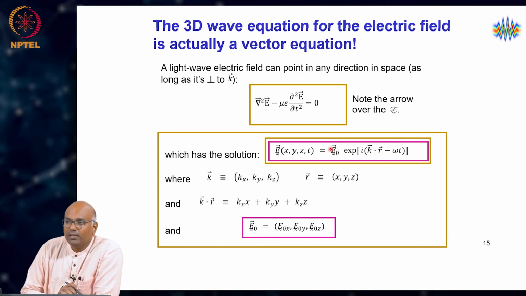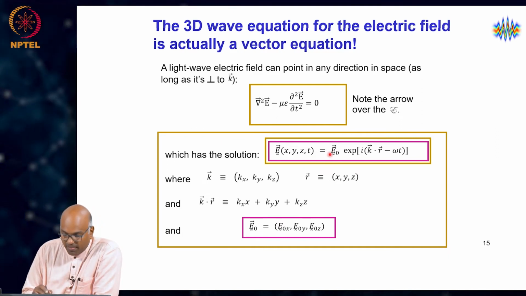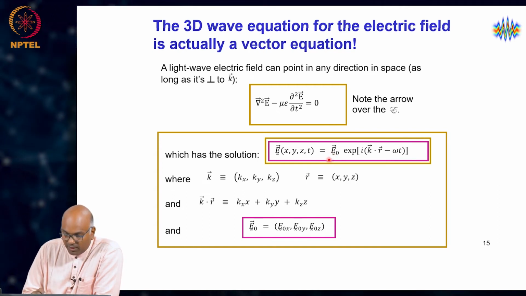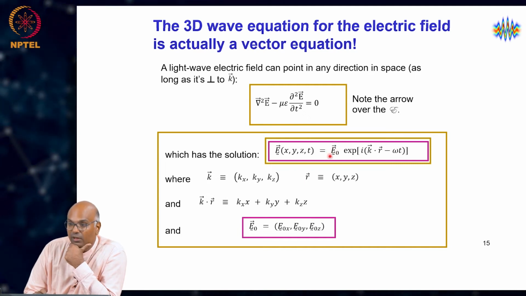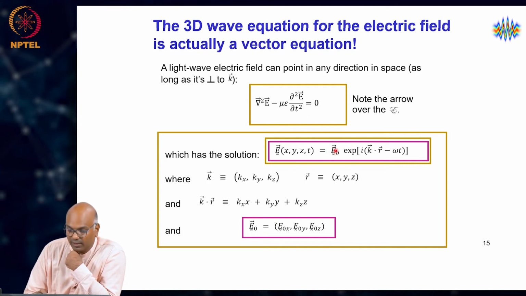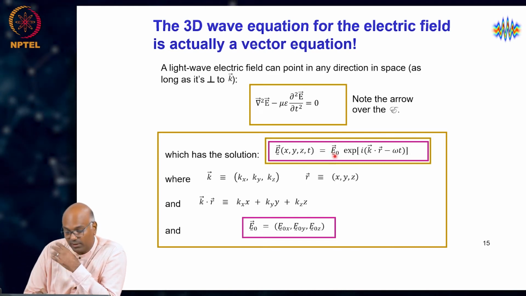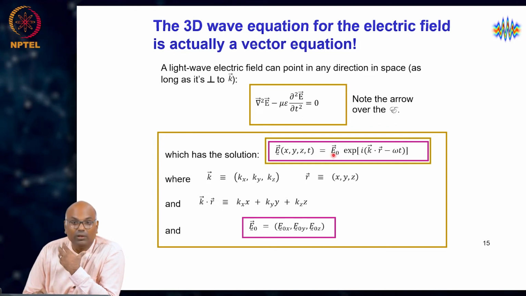As I explained in the previous lecture, the tilde that we are using underneath E denotes the fact that this is in general a complex valued quantity, that E sub 0 tilde is a complex valued quantity.